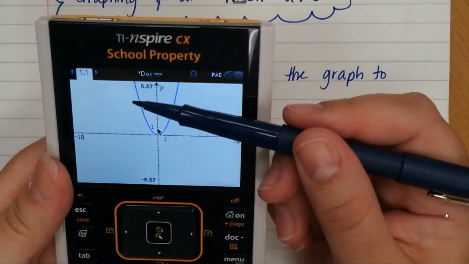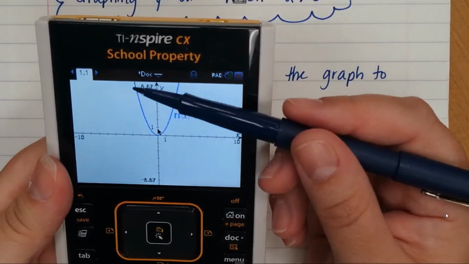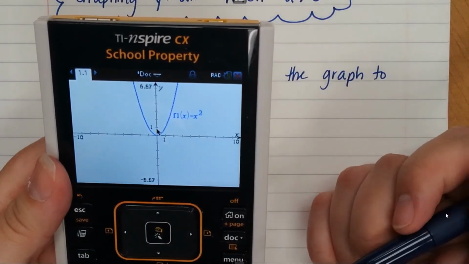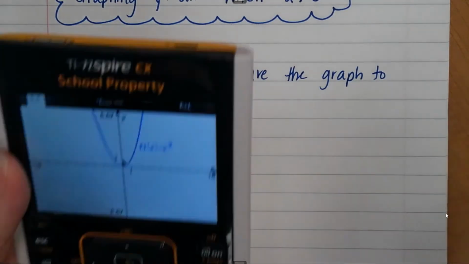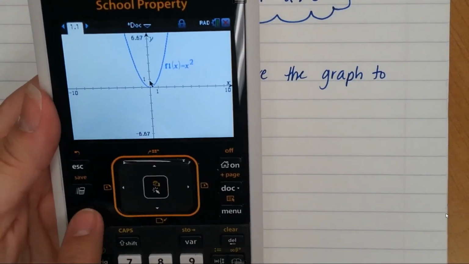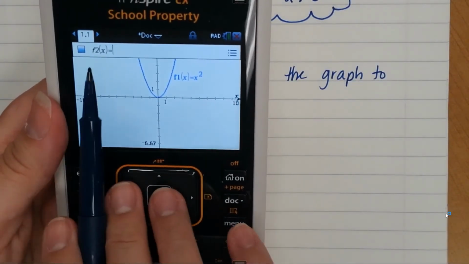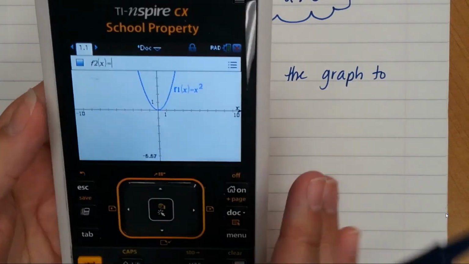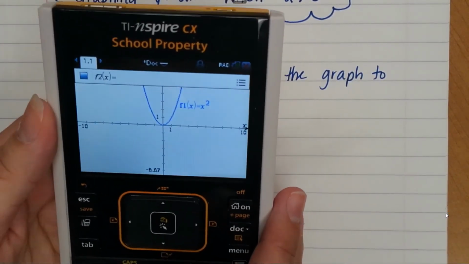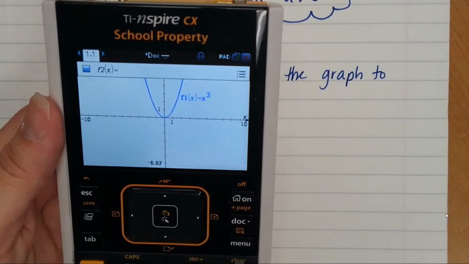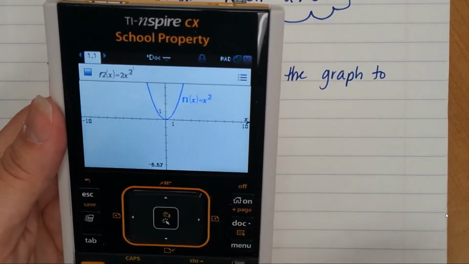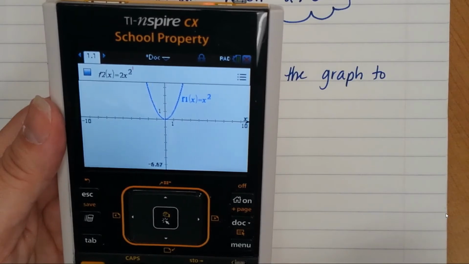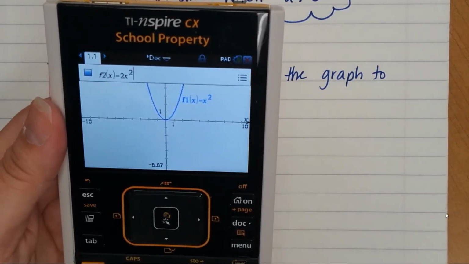And you're going to get the parent function, which is a regular parabola facing upwards. Now, to graph the second equation, we're going to press Tab. And then notice how it says f2 of x. That means that's the second equation you can graph. So now we're going to put 2x squared. Okay, push Enter.